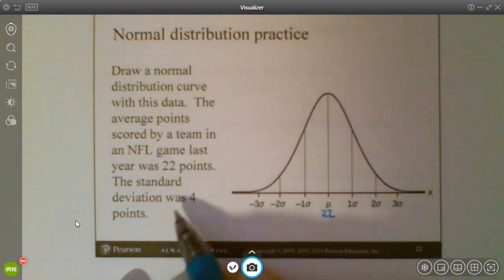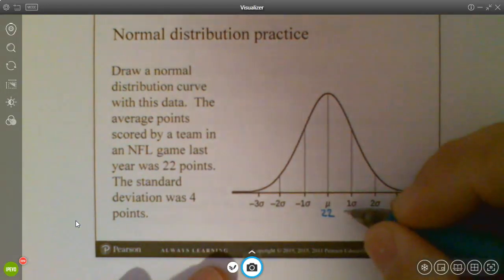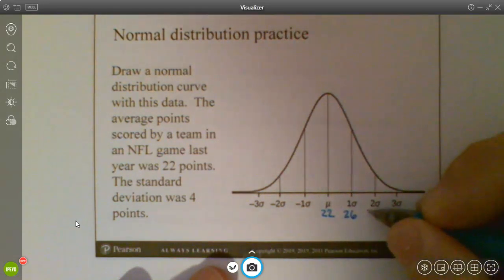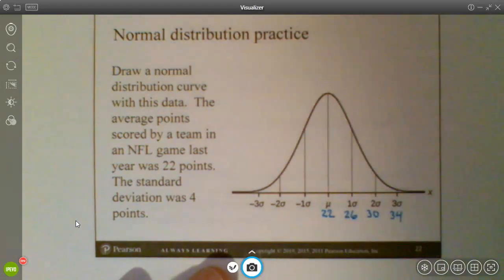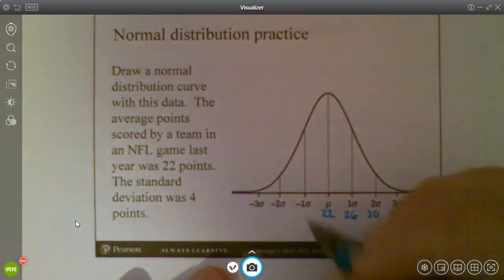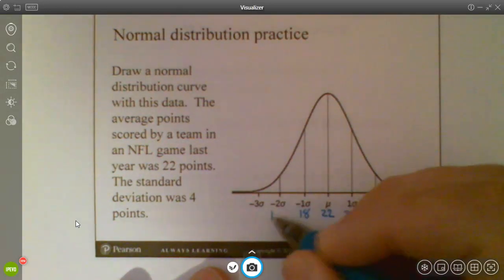The standard deviation was 4, which means from here, if I add 4, I get that value, and I'm just going to keep adding 4s to get these values on the graph. And then if I subtract 4s from 22, we'll get these values.